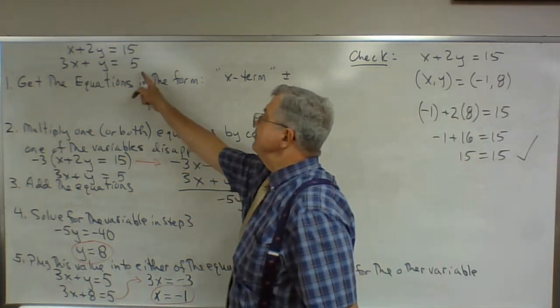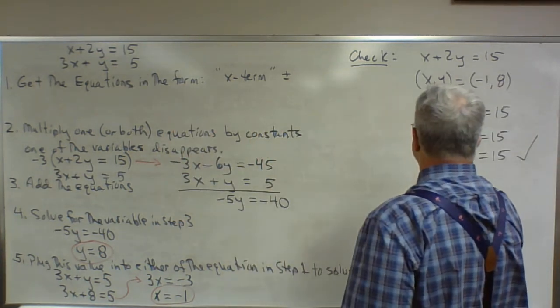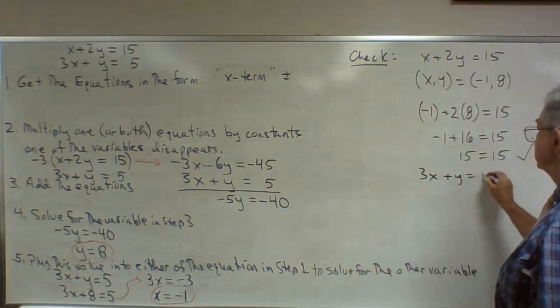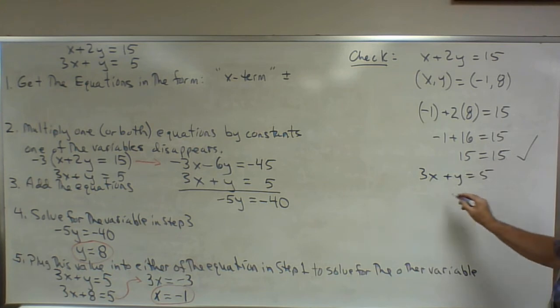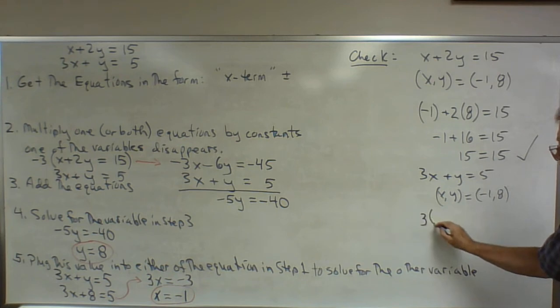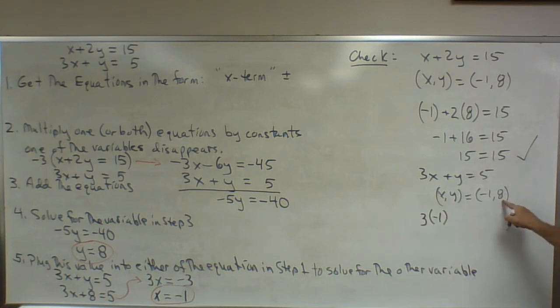Let's put it into the second one and make sure it works. 3x plus y equals 5. And we have x, y equals negative 1, 8. Put negative 1 in for x. Put 8 in for y.